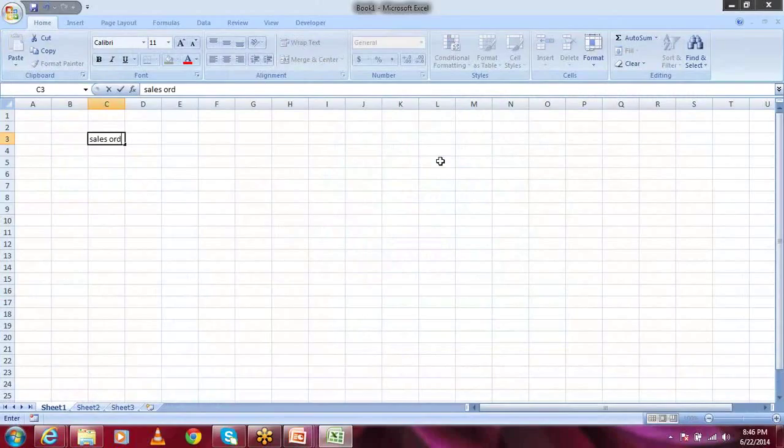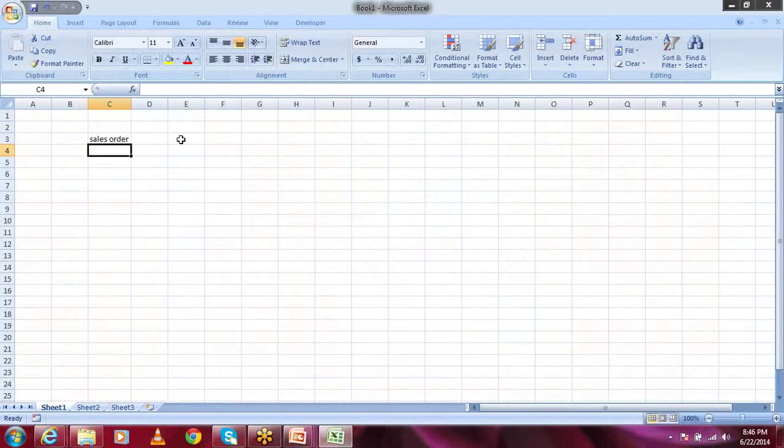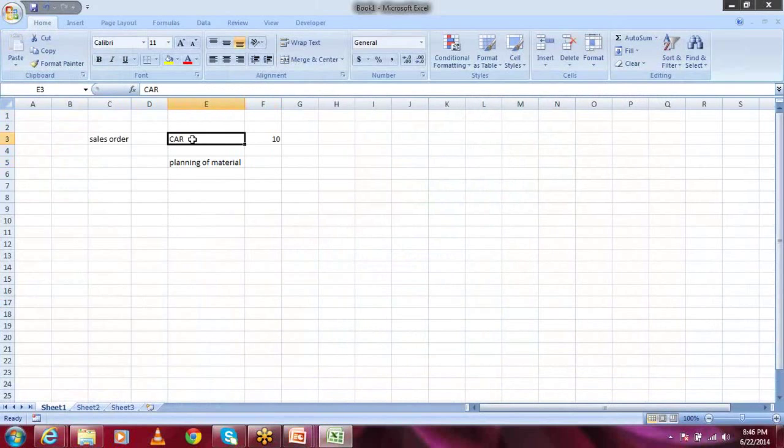You will get a sales order, or customer order as you call it, for the car, and the quantity may be 10 cars. Once the sales order comes, you will plan the material as per this car. Planning the material means you plan to manufacture this car.